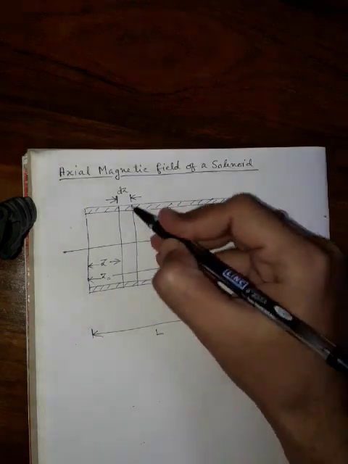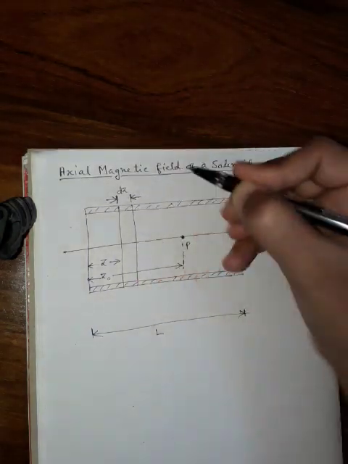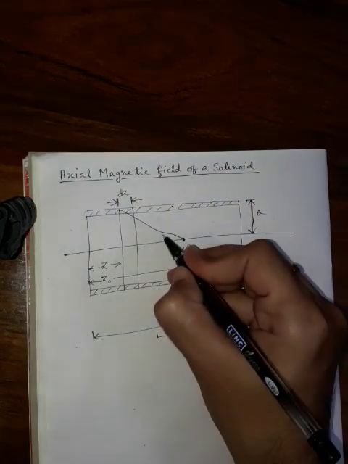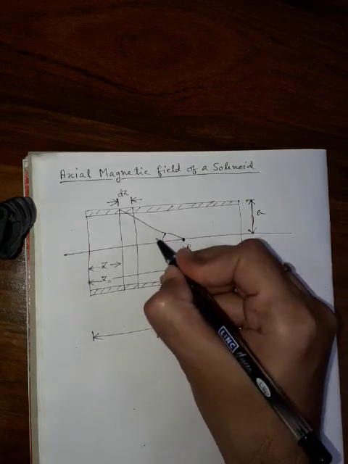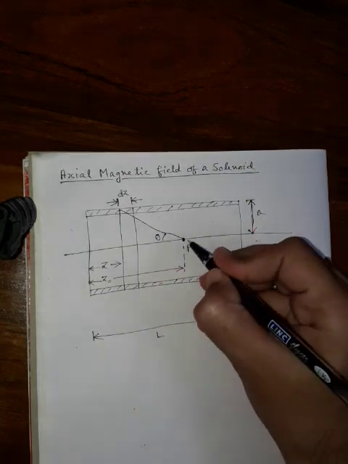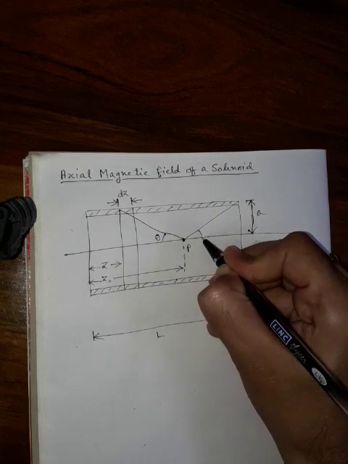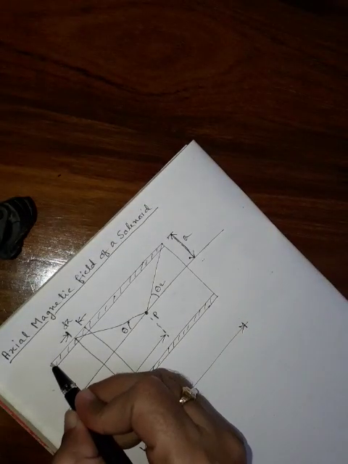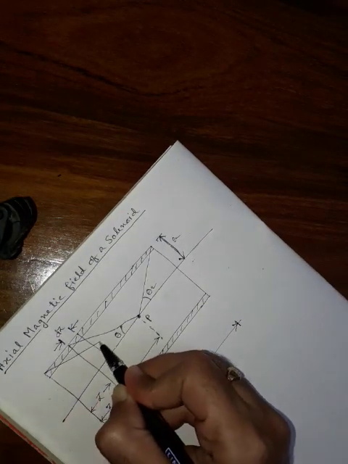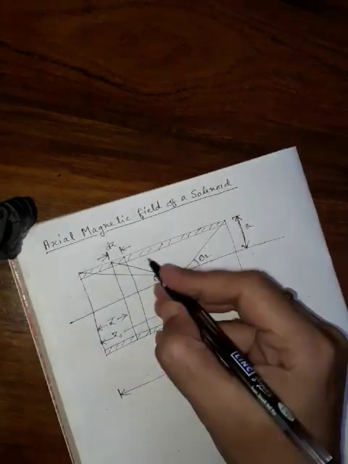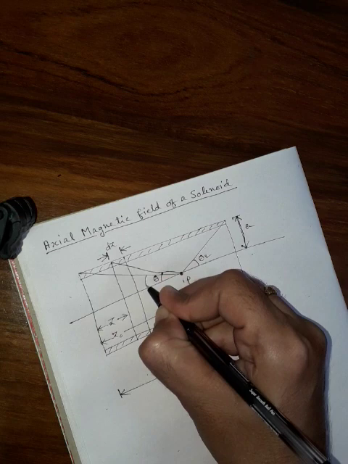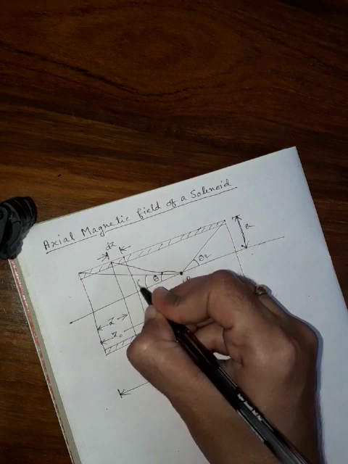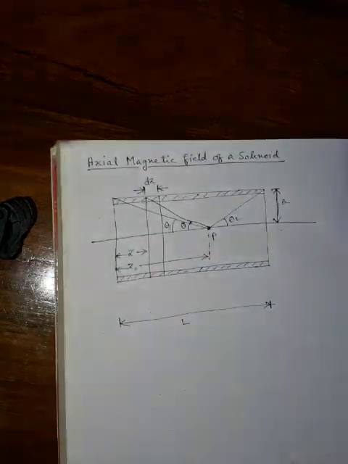Now join these two points. Suppose this is angle theta, and this is angle theta 2, and this angle is theta 1.